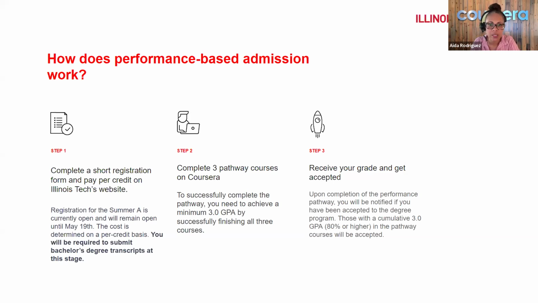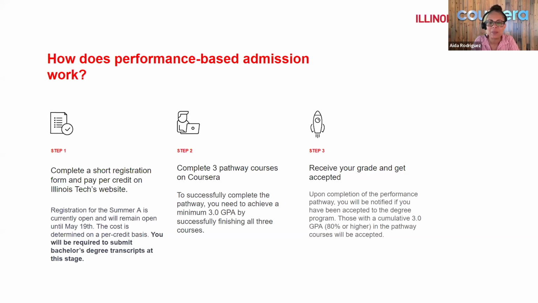Although the requirement is for the 3 courses to be completed successfully with that B grade or that 3.0 before acceptance is given into the program, you do not need to take all 3 courses at the same time. And to further clarify, you do not need to complete the courses before October the 14th. That may be one of the questions that come up later on in the Q&A section.